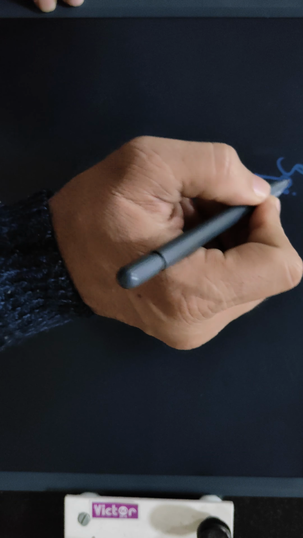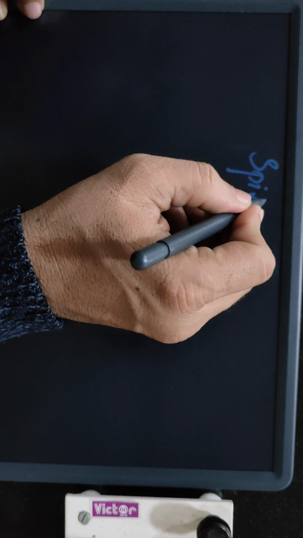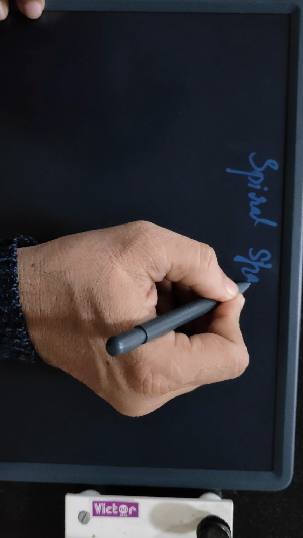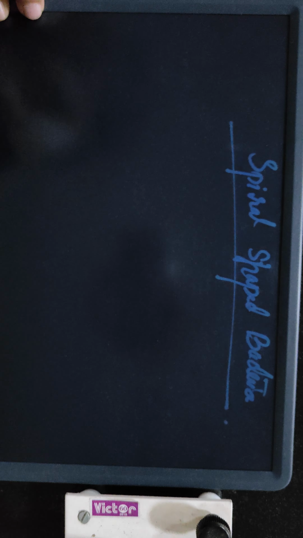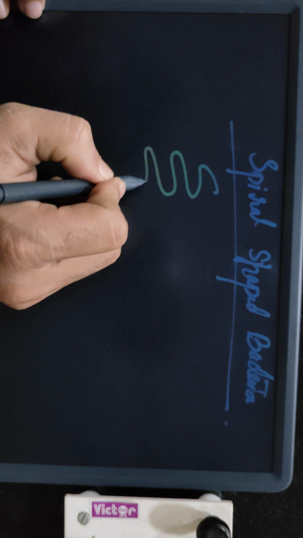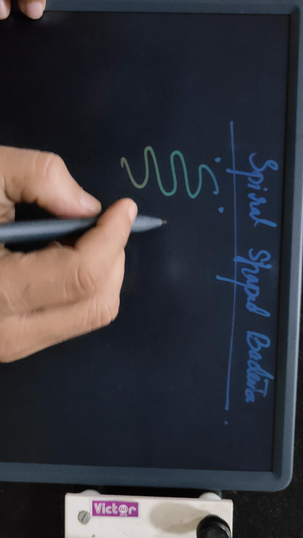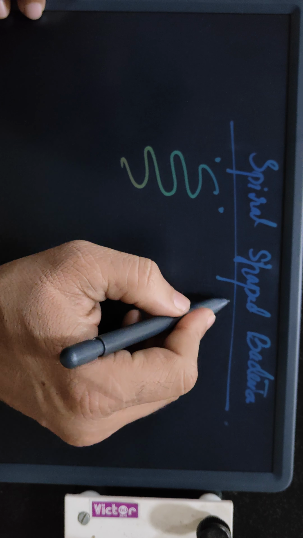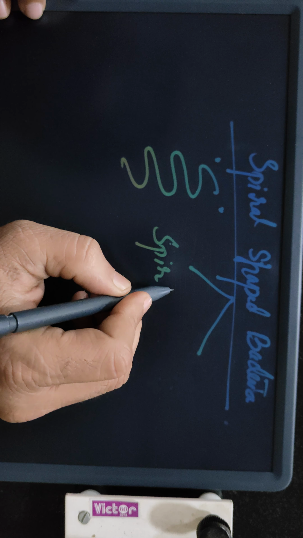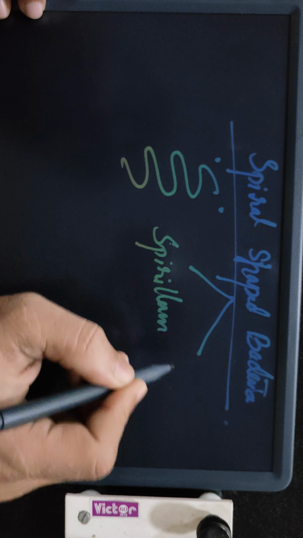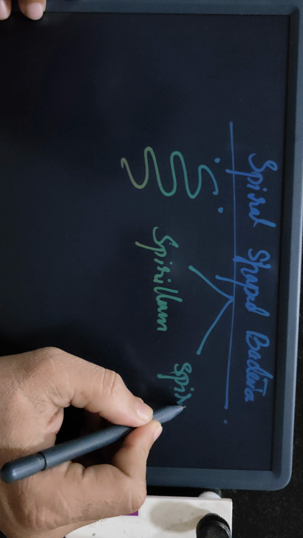So along with this, we also have some of the important shapes. Example, spiral shaped bacteria. You can see it will be in the form of a spiral, and in spiral shaped bacteria you have 2 categories: spirillum and spirochetes.